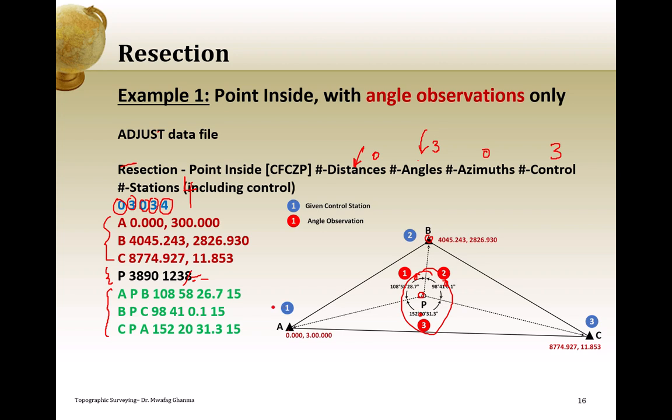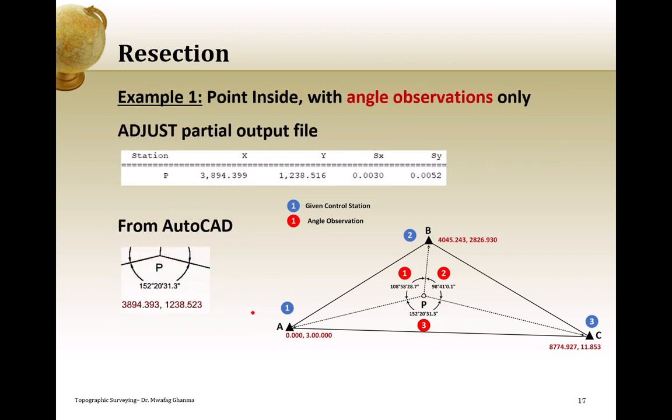These are the three angles that we have. We enter their values and the standard deviation of plus or minus 15 seconds. You will see the solution now, here at the end. Of course, we have the full output of the file, but these are the results, which is one line showing the coordinates of point P.